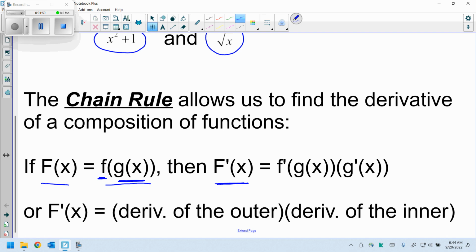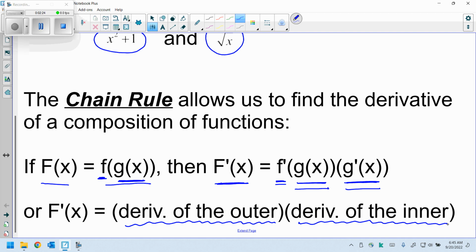The derivative will take the derivative of the outer function. Don't mess with the inner function. And then multiply that result by the derivative of the inner function. Derivative of the outer, don't mess with the inner, times derivative of the inner. And so it kind of says that down here. Derivative of the outer times the derivative of the inner.